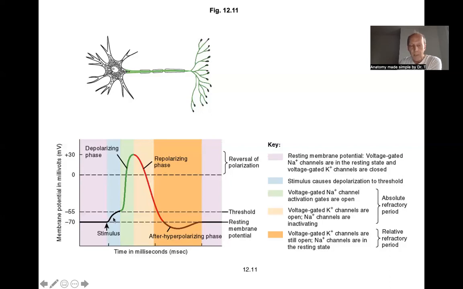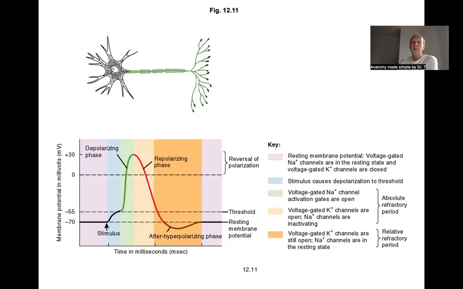Therefore, the movement of ions across the cellular membrane started changing the polarity of the membrane, taking it all the way up to negative 55. At this point, it's already a significant change. That's why we have the idea of reaching the threshold.